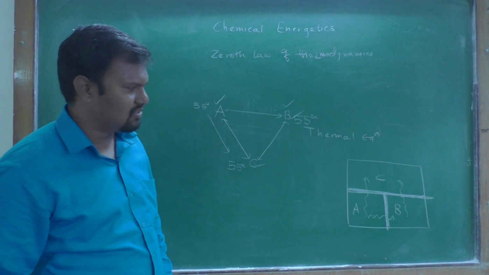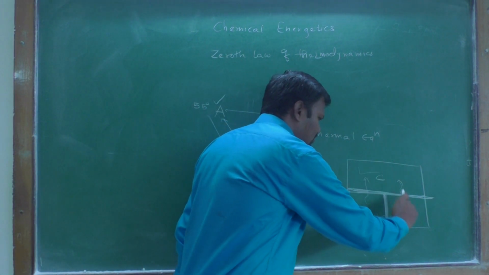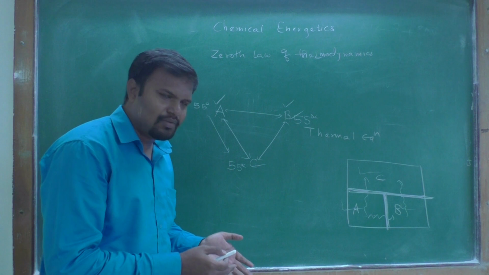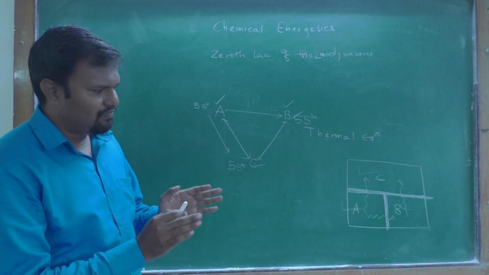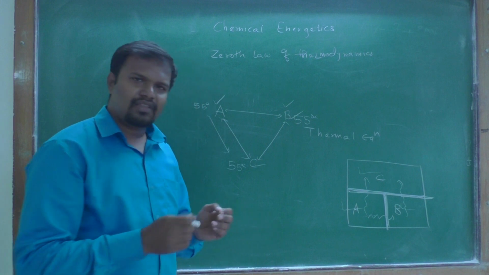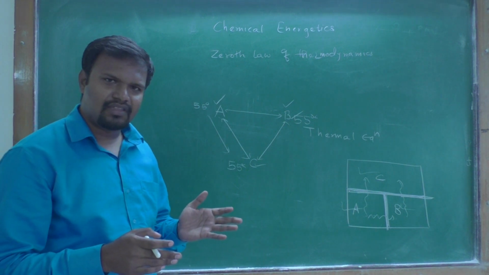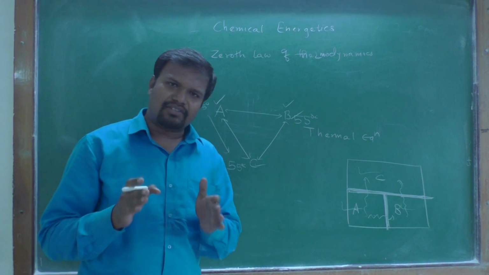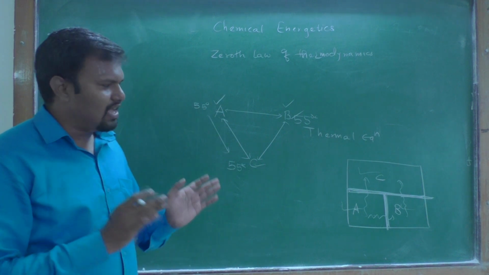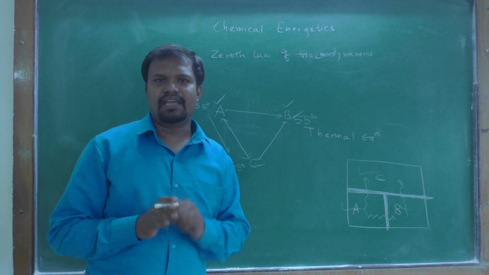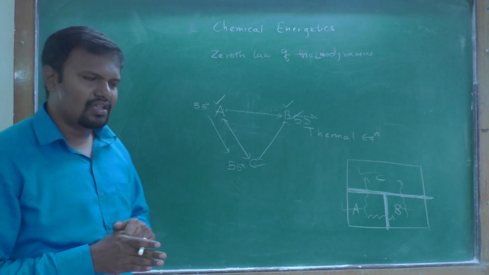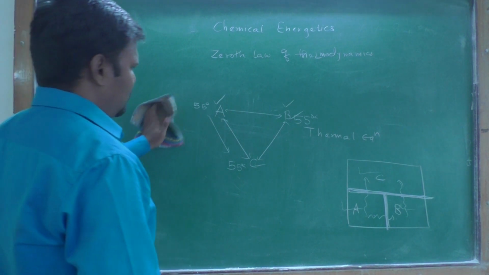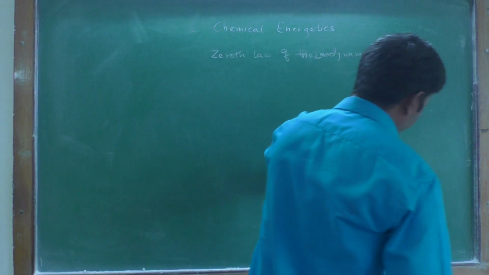Therefore at the end the temperature of A, C and B is the same. A is in thermal equilibrium with C, and B is in thermal equilibrium with C. Ultimately, we can easily say that A and B are in thermal equilibrium with each other, having the same temperature. This is all about the zeroth law, and it is easy to understand.